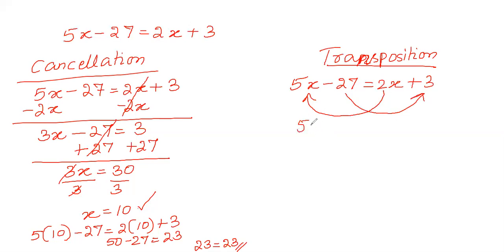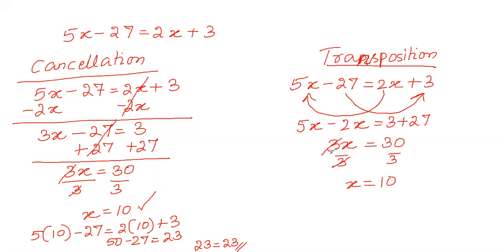So 5x minus 2x is equal to 3 plus 27. So 3x is equal to 30. Divide by 3 on both sides in this case. So x is equal to 10. So you got the same value in both the methods. So this is how you solve the equations, right?